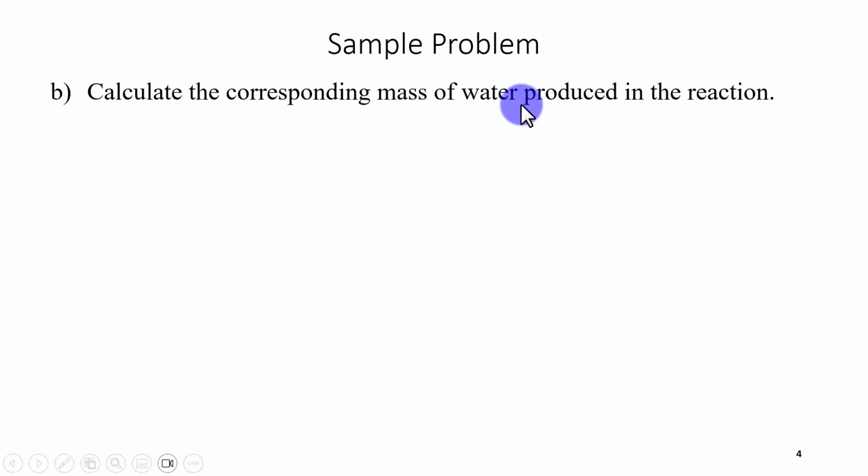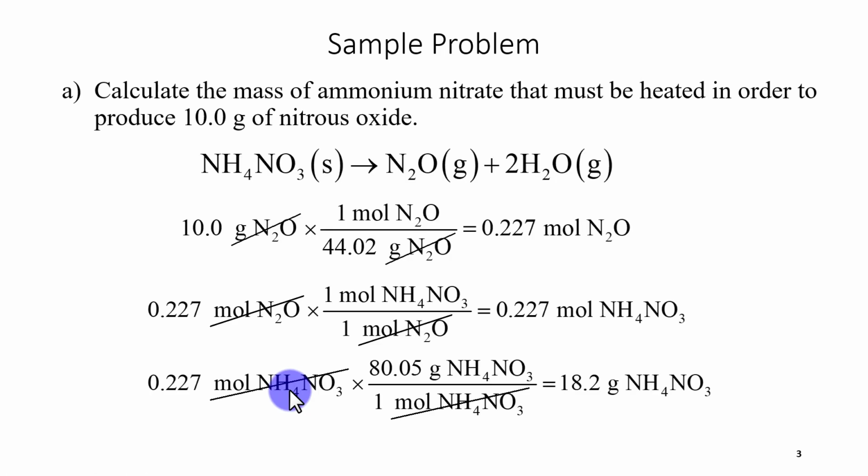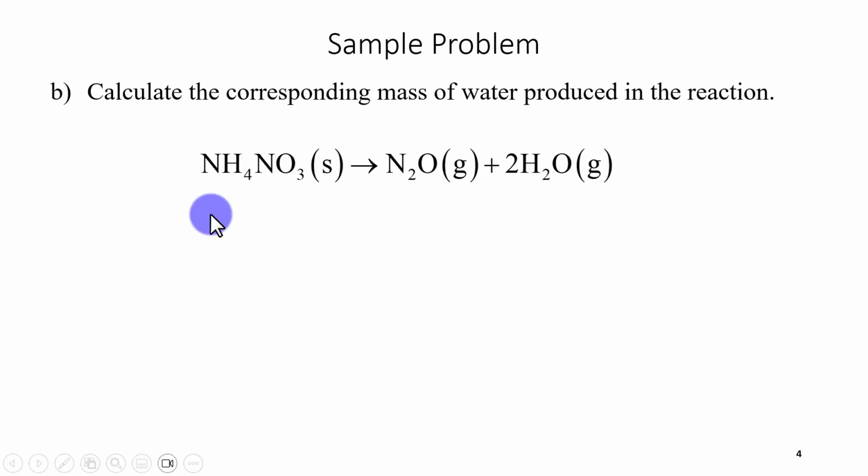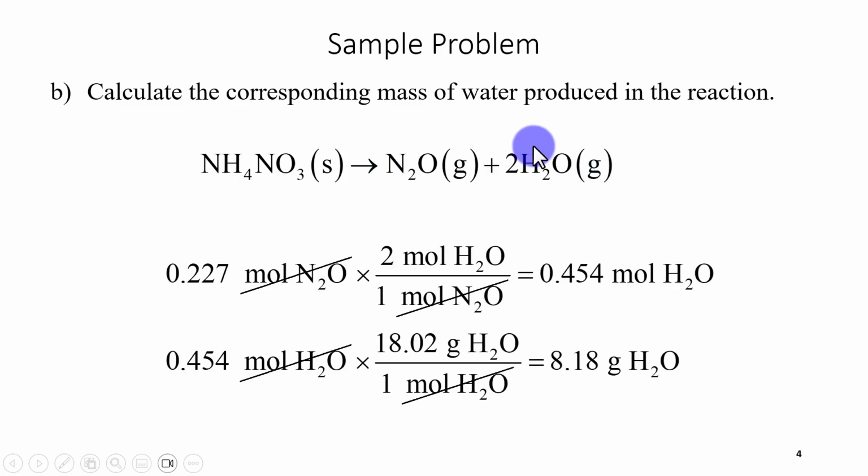Calculate the corresponding mass of water that is produced in the reaction, starting with the 10 grams of nitrous oxide. Here's my reaction once again. I already converted that to moles, so it was 0.227 moles of N2O, so I don't need to repeat it. The thing that I need to do now is convert to moles of water.